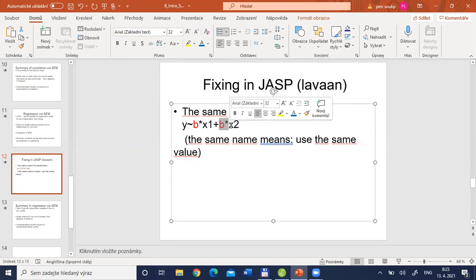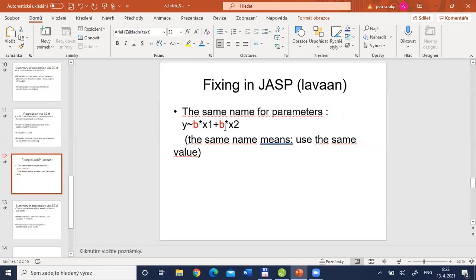So the same name means use the same value, estimate only one value. I am using, once again, fixing, but not fixing on some pre-specified value, but fixing two or more parameters to be the same. So this is another style of fixing in structural equation modeling.